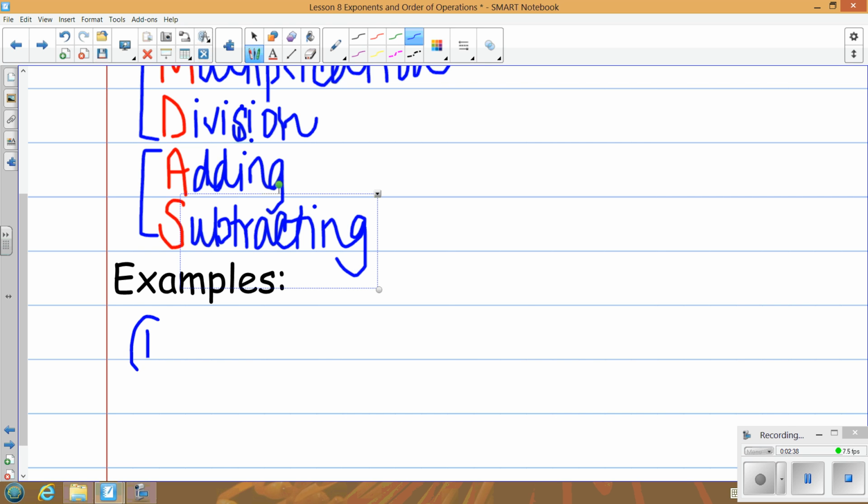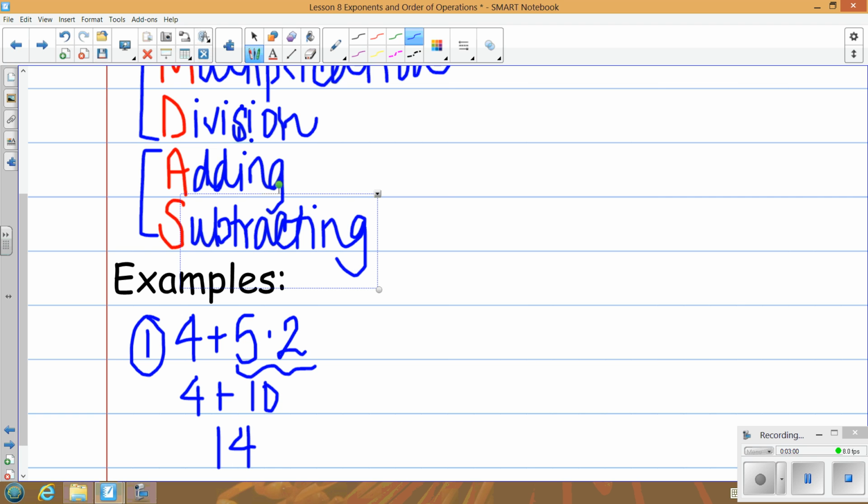So for number 1, 4 plus 5 times 2. PEMDAS, multiplication comes before addition, so that means I'm going to do 4 plus whatever I get when I multiply these. So I'm going to have 10, so then I get 14.